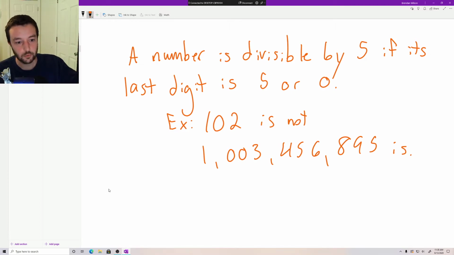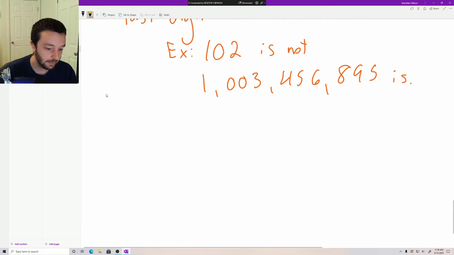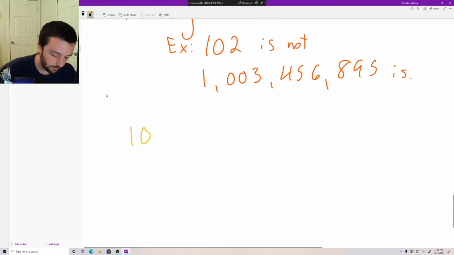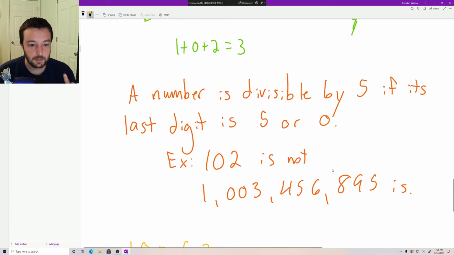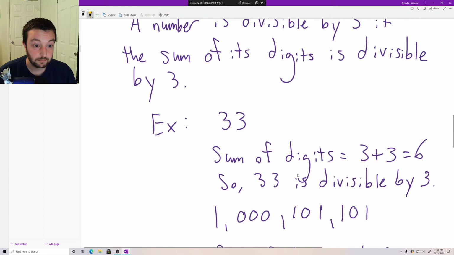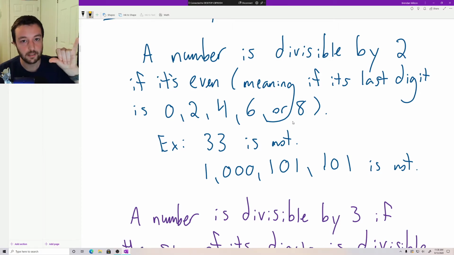So speaking of combining rules, 10 is equal to 5 times 2. So if a number is divisible by 10, it must be divisible by both 5 and 2. To be divisible by 5, the last digit has to be 5 or 0. To be divisible by 2, it's got to be 0, 2, 4, 6, or 8. So the thing that they have in common is that 0.